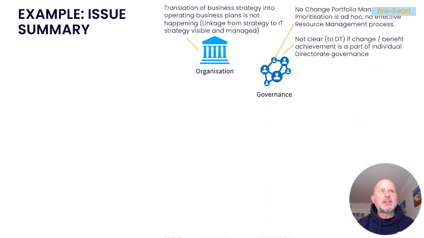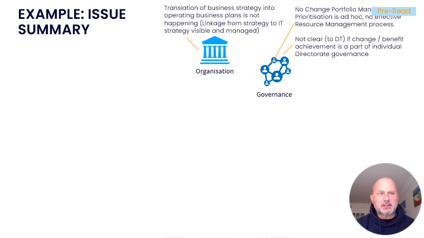So around governance, our change portfolio, well, we're not managing the change portfolio. It's ad hoc and ineffective, and we don't have a resource management process that ensures it can happen. And it wasn't clear to me if change or benefit achievement is part of individual director governance.